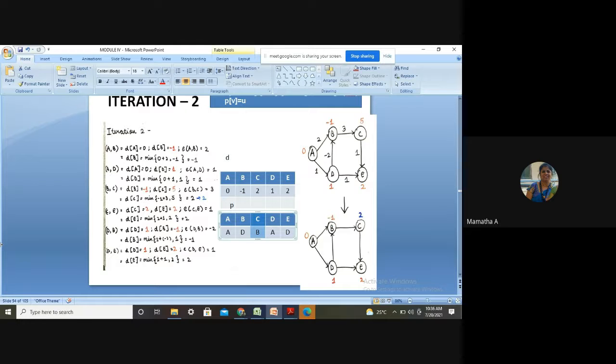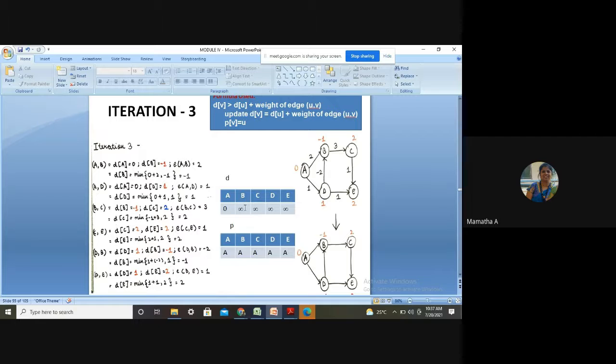So I'll have to go for the next iteration 3, and the values that are there in my D array will be -1, 5, 1. Sorry, what is the updated value of C in the distance matrix?